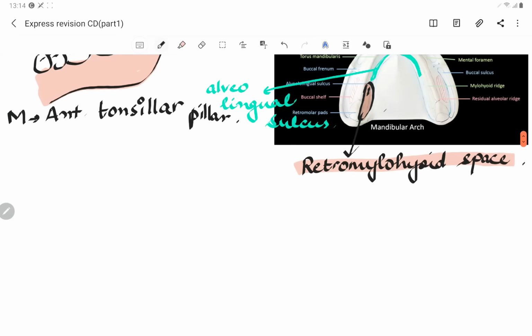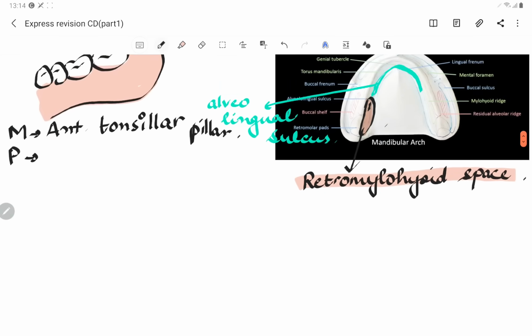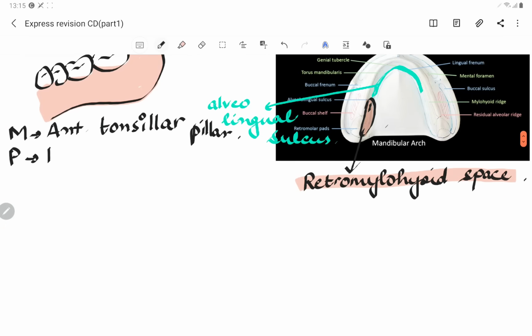Then we have got posteriorly. What is posteriorly? Posteriorly is the retromylohyoid curtain.